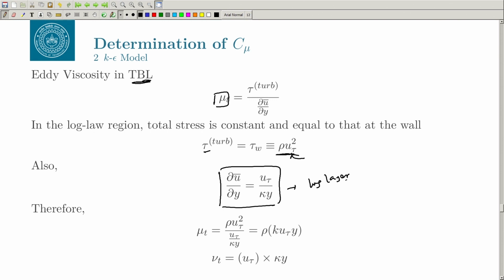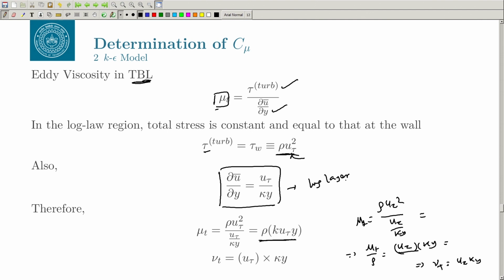So, if you combine these two definitions, tau turbulent and del u by del y, you will get mu t equal to rho u tau square by u tau by kappa y, right. So, you can write mu t by rho equal to u tau kappa y. So, your nu t is equal to u tau kappa y, right.